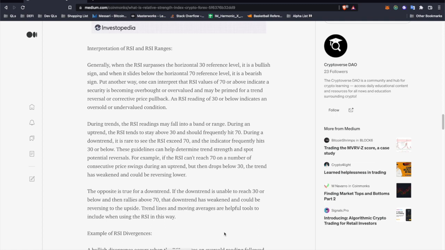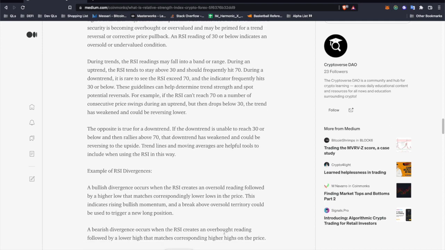The opposite is true for a downtrend. If the downtrend is unable to reach 30 or below and then rallies above 70, that downtrend has weakened and could be reversing to the upside. Trend lines and moving averages are helpful tools to include when using the RSI in this way. Like we said before, it's all about using this within the context of everything else.